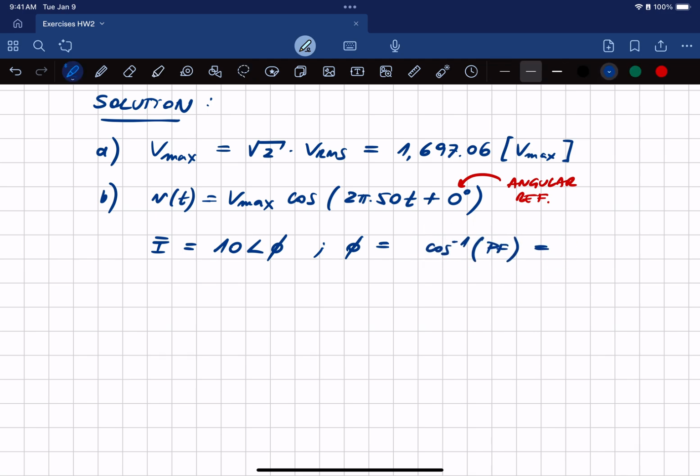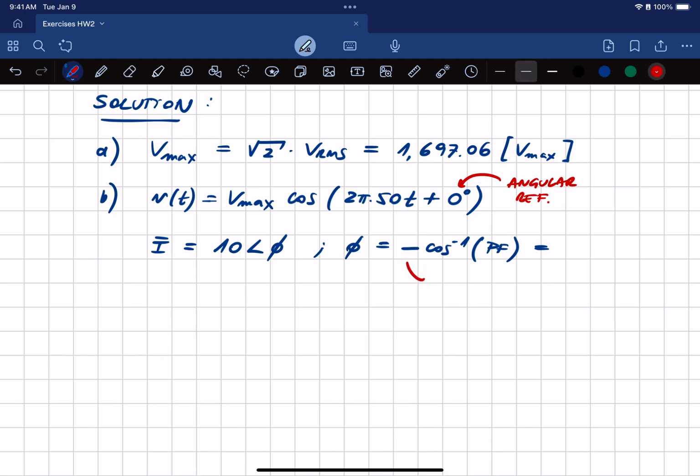Since the angle of the voltage is 0, and this circuit is inductive, that angle is going to be negative, meaning that the current is going to be behind the voltage. If we calculate the inverse cosine of the power factor, that is always going to give us a positive number. That's why we have to add this.